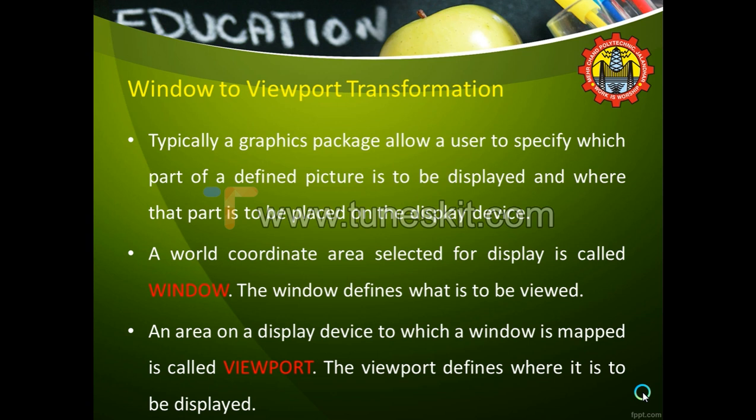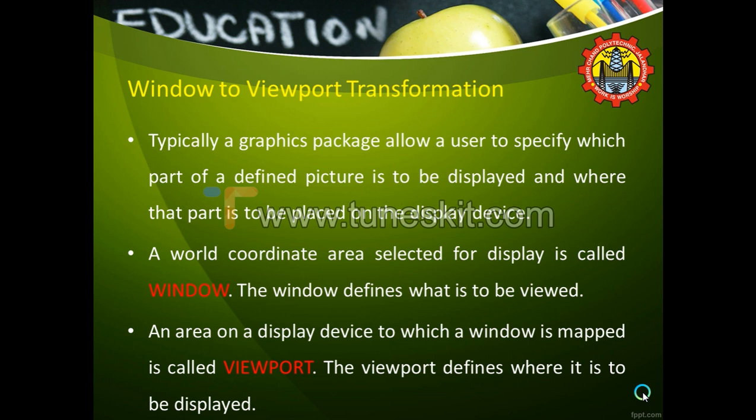How are these actions performed? These actions are mapped from window to viewport. Those parts of the object which are in the window are now mapped to a viewport.